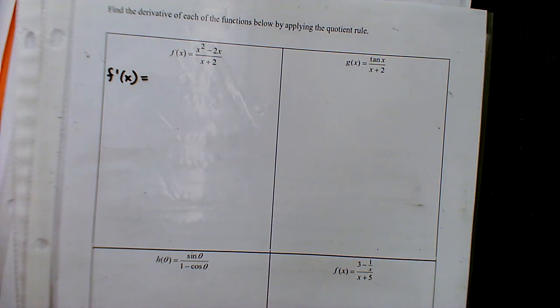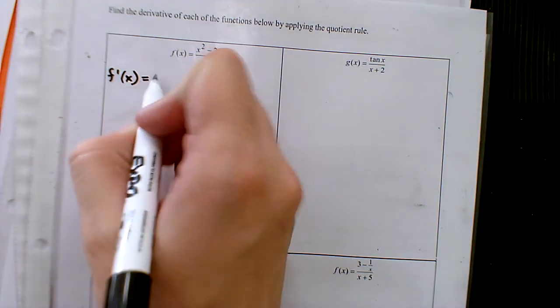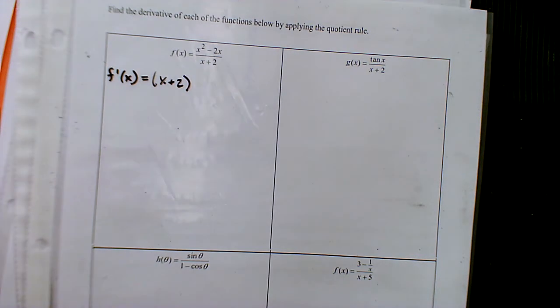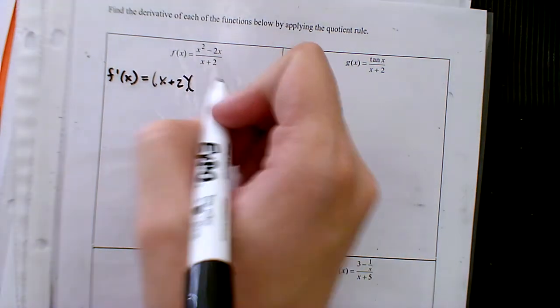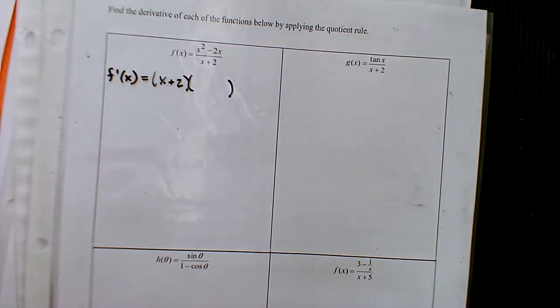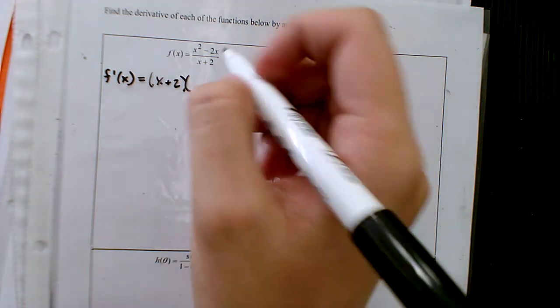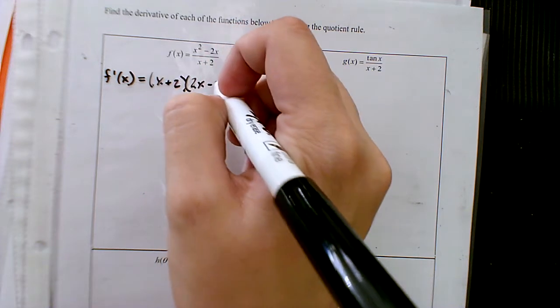All right, let's go through our low D high minus high D low process. Our low function would be x plus 2, and then we multiply by D high. Can we write the derivative of the high function, the top one? Go ahead, Kyle. 2x minus 2.